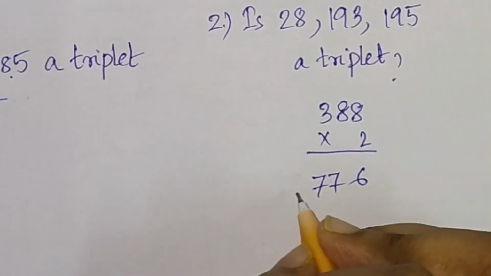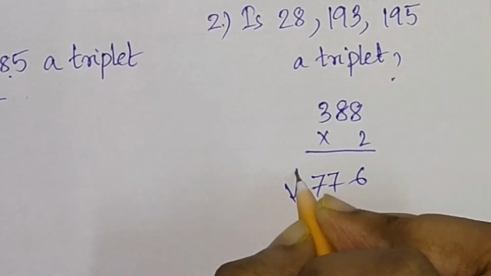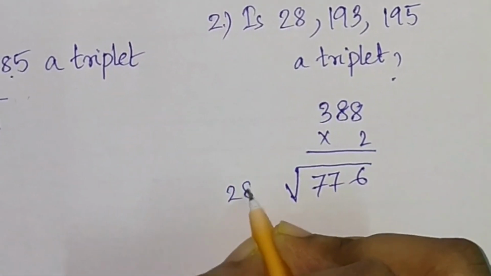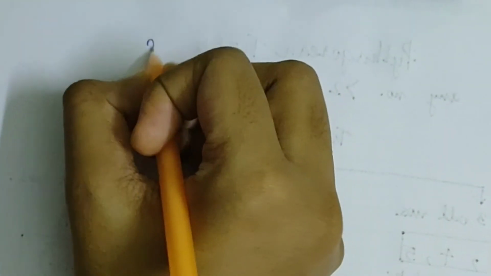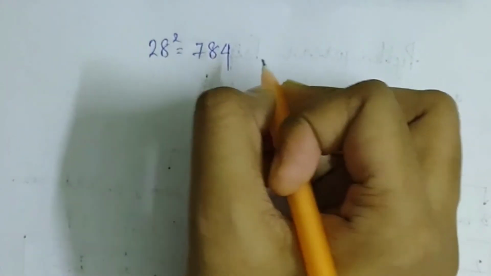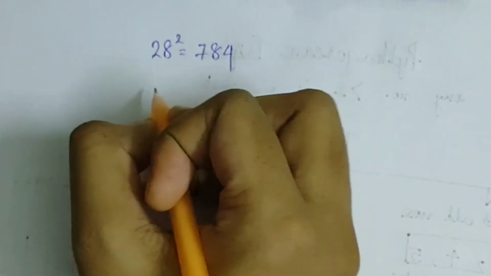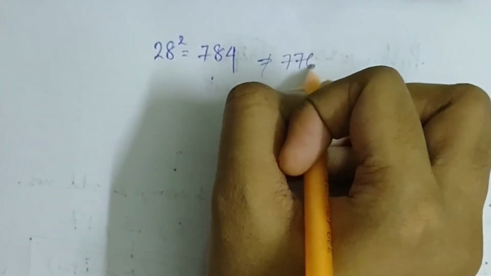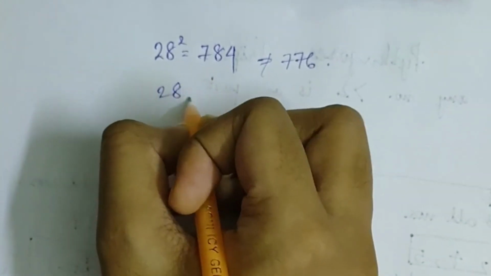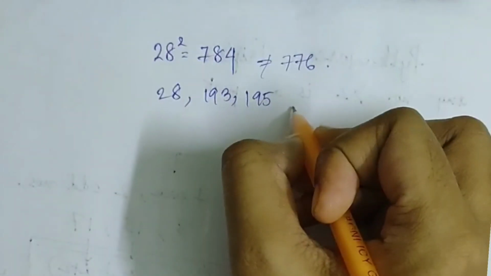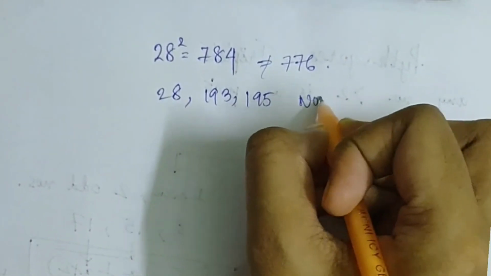And the square root of 776 is never 28, right? As we know, 28 squared is 784. So it is not equal to 776, and the triplet 28, 193, 195 is not a Pythagorean triplet.